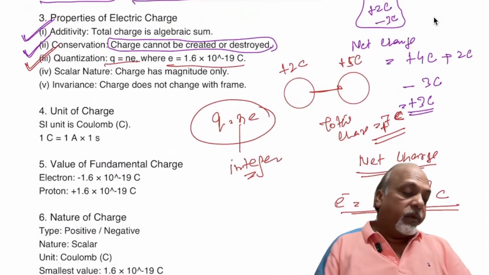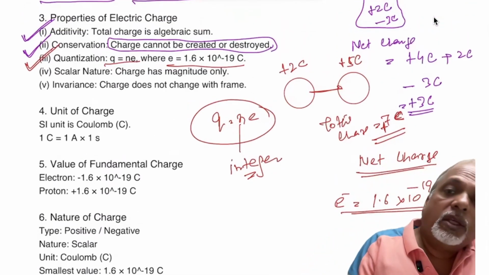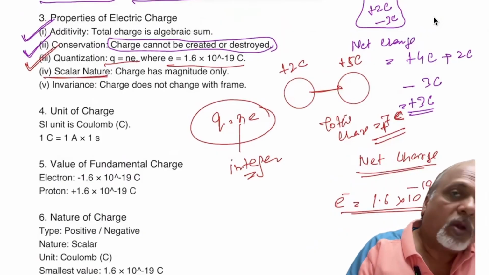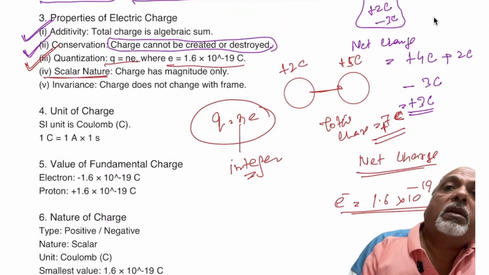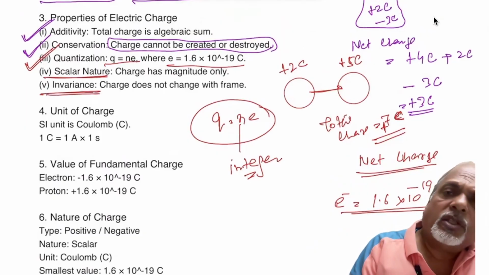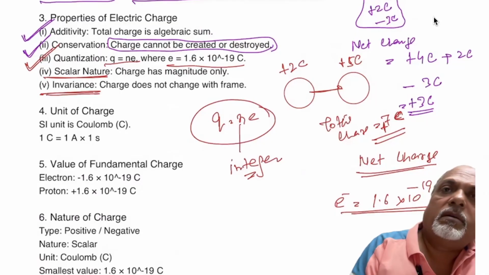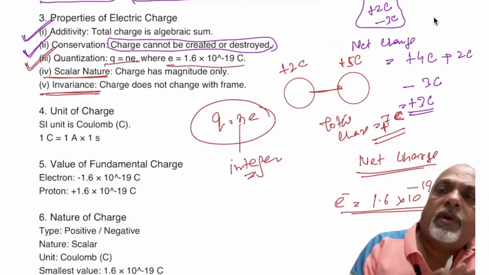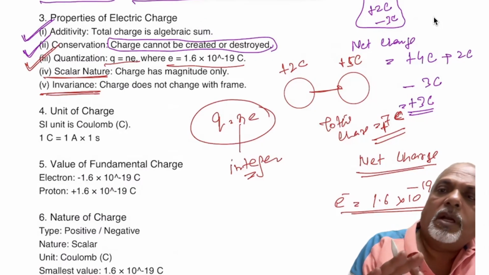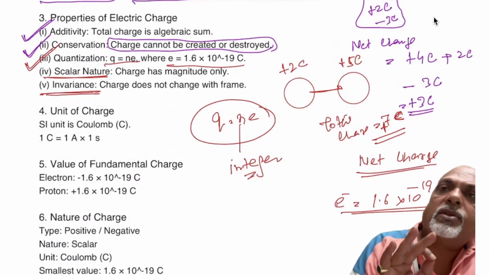Then another important thing, charge is not a vector quantity, it is a scalar quantity. It has got magnitude only, and charge is also invariant. Means suppose you give a velocity to the charge, the quantity of the charge does not change, it remains the same.